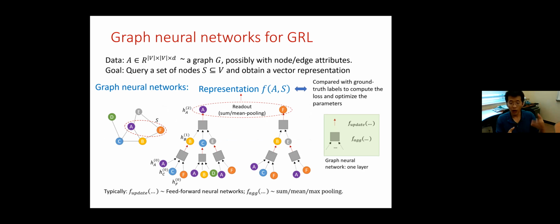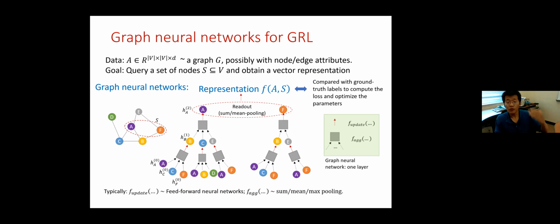The graph neural network follows a message passing way to compute the representation of this (A, S) pair. First it initializes each node with a vector representation according to its own features, then asks each node to aggregate the representations from its neighbors, and each node further combines these aggregated representations to update its own representation.